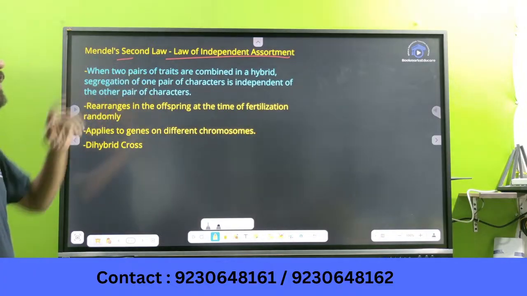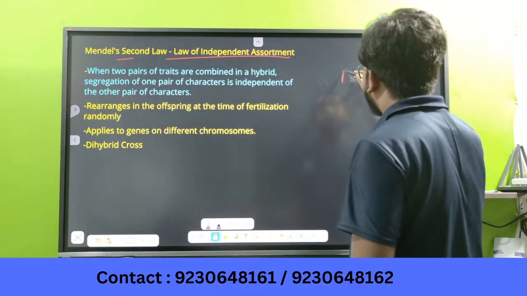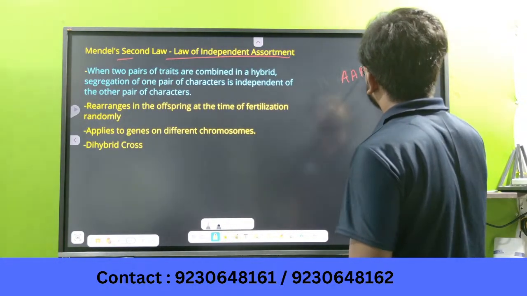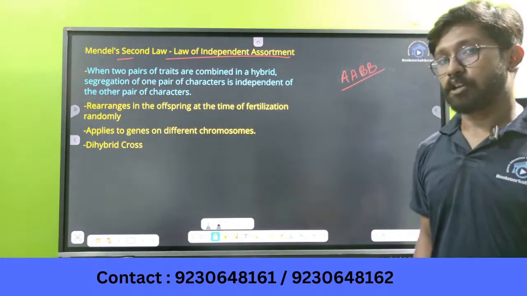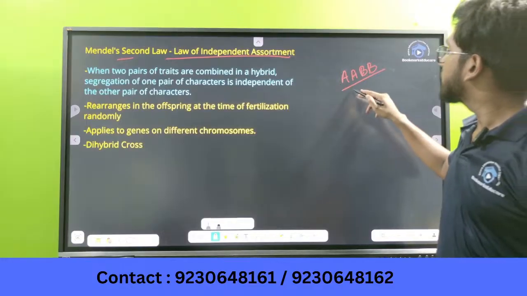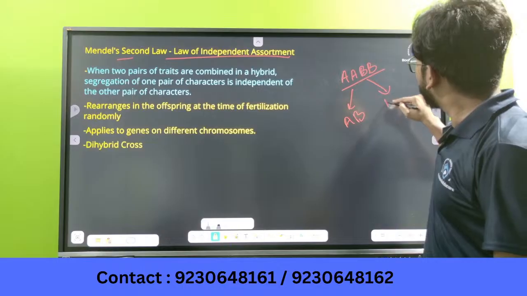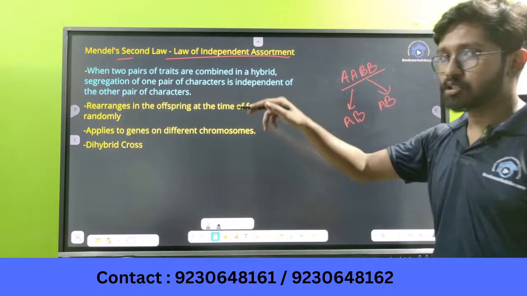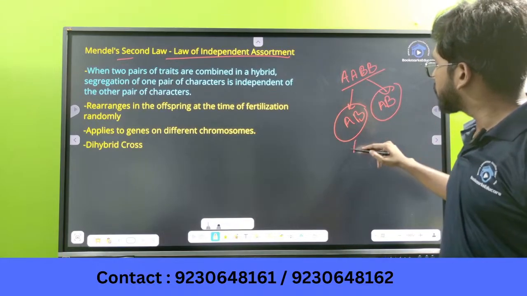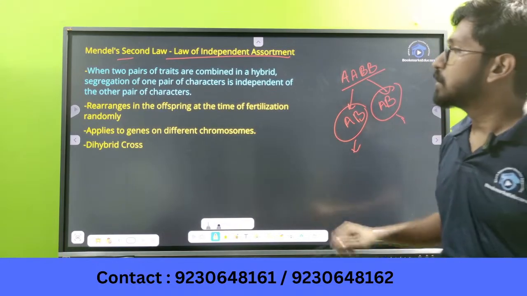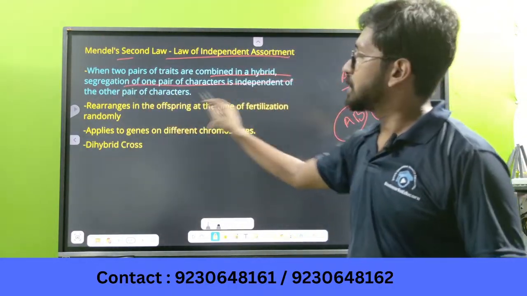And the law of independent assortment. This is a characteristic from dihybrid crosses. As in, when you are working with more than one set of alleles, Mendel said they will separate based on their genetic makeup, as I showed earlier in the law of segregation. So they get independently derived or segregated, and this happens when one pair of characteristics is independent of the other.